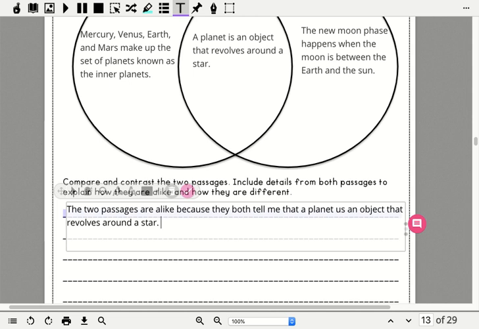So now is where I'm going to put my text evidence, okay, because it says to include details from both passages. So in our solar system, it states, so now I have to go back and I have to find that text evidence and just copy that sentence, okay?